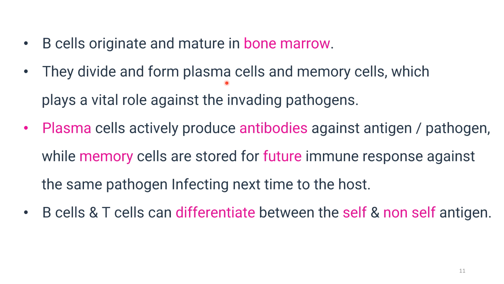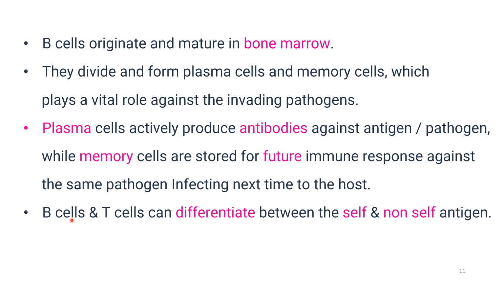As we know, plasma cells actively produce antibodies against pathogens, while memory cells are stored for future immune response against that same pathogen. So these plasma cells give the primary immune response, while memory cells will give a highly intensified secondary immune response.